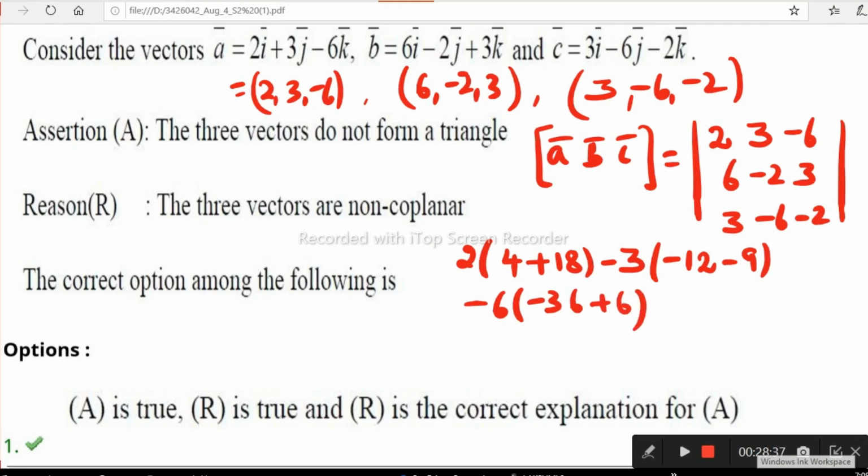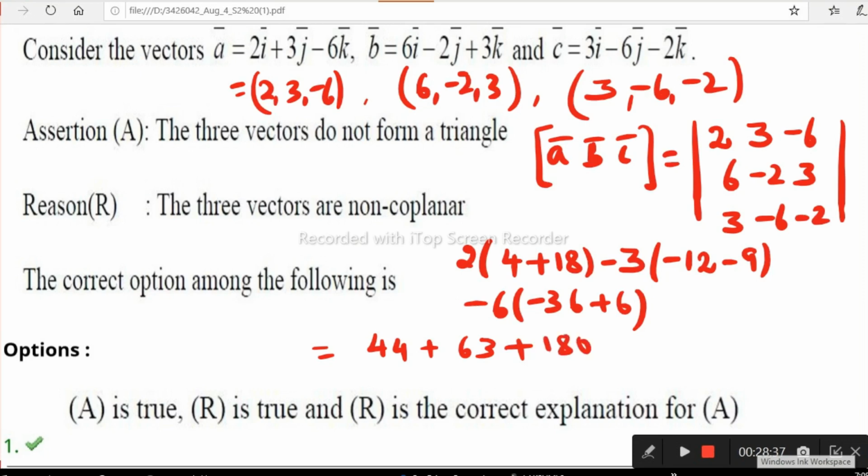This result we can observe that 18 plus 4, 22, 22 2s 44. Next -3 into -9, -21, minus plus 3 to 3 1s 3, 3 2 6, 63. -36 plus 6 is -30, minus plus 30, అంటే 18.